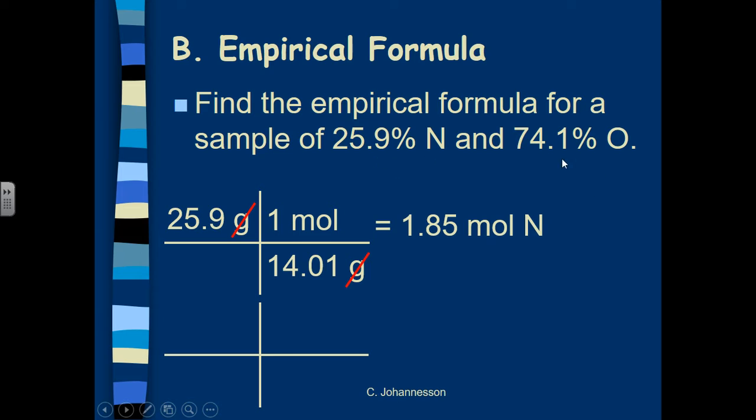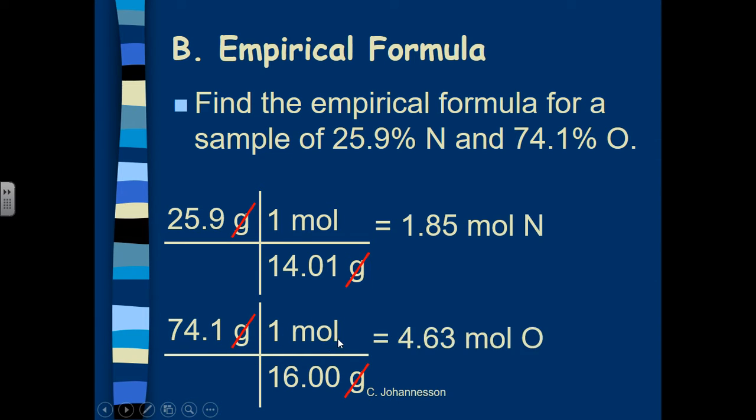All right, the next step is to take our oxygen, and remember our percent just turns right into a mass, grams. I'm going to take oxygen's molar mass, which they just rounded to 16, that's fine, and cross out the G's to get it into moles. Remember, to get this number, they're just dividing this by this to get this number here. All right.